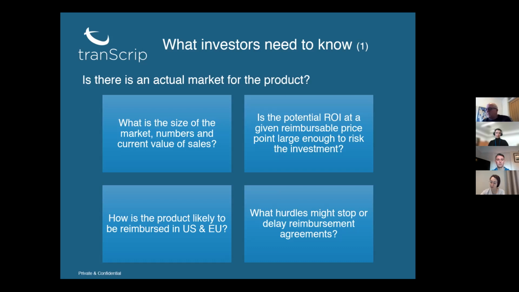But there are ways and means of doing that. There's a number of data companies, and Global Data is the one that we use, where you can see what's coming through in terms of competitive information, but also how much is being spent in which country for this indication by category of drug. So you can really get into the weeds with this if necessary.